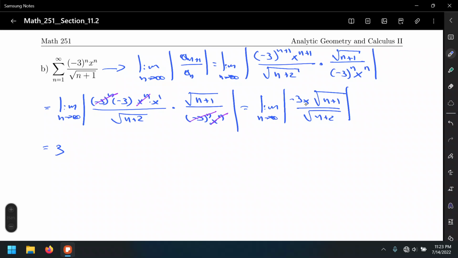But because x can be anything, positive or negative, we need to keep the absolute value bars. On the other hand, I'm going to write this quotient of radicals as the radical of a quotient.